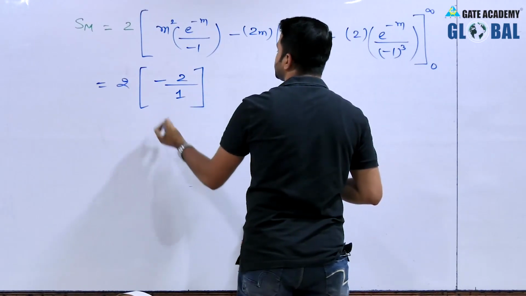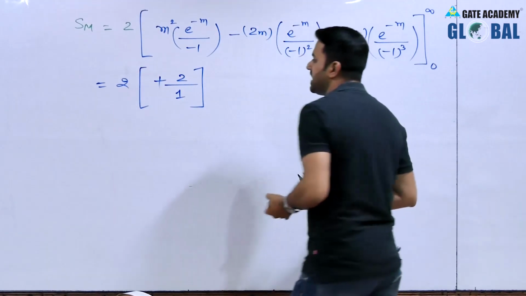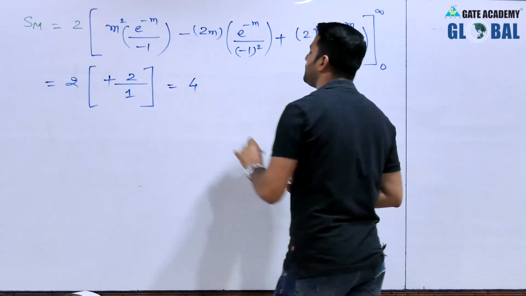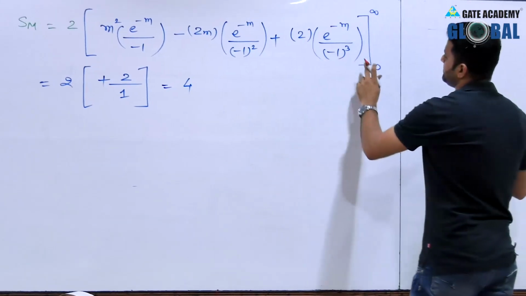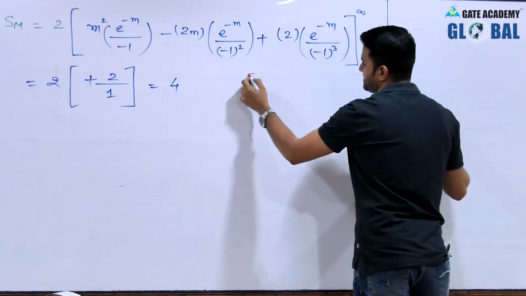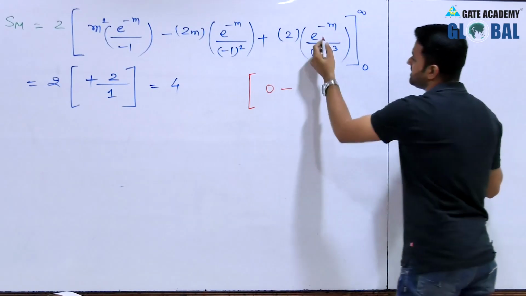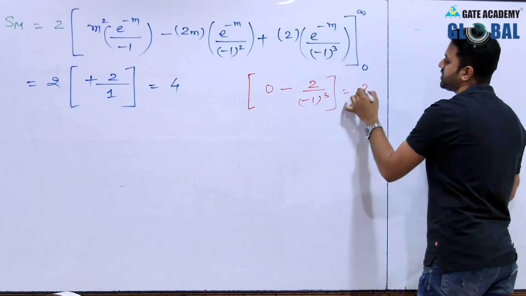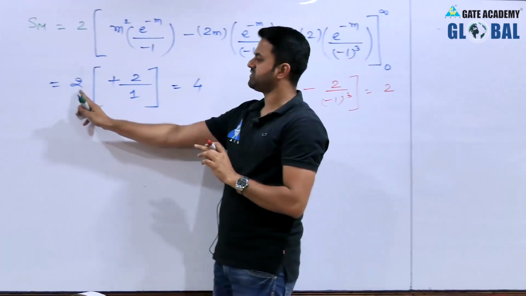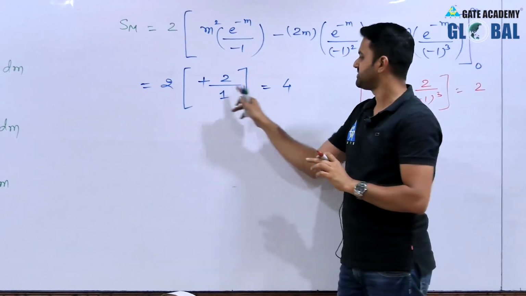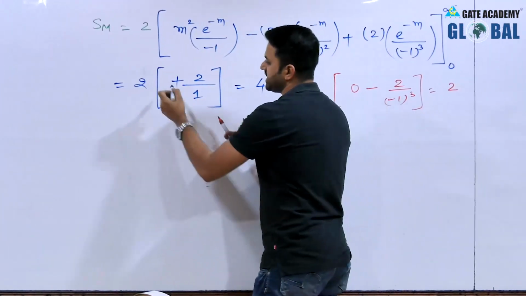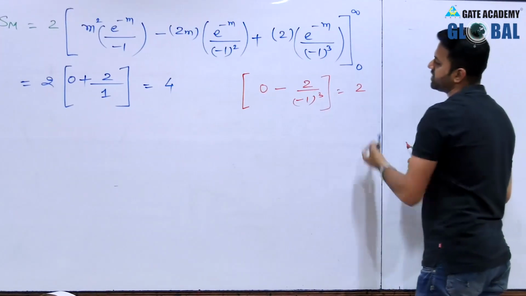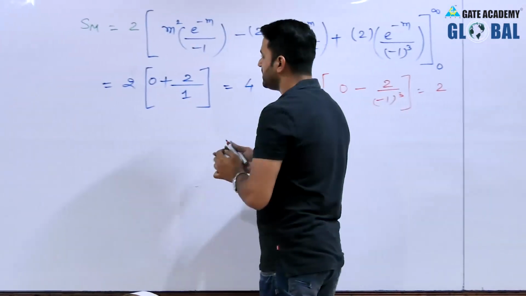Because we are substituting the lower limit, we will have a plus sign here. Writing 0 minus the lower limit 2 upon minus 1 whole cube, we get 2, so you can write 0 plus 2 by 1 equal to 2, and 2 into 2 is 4.